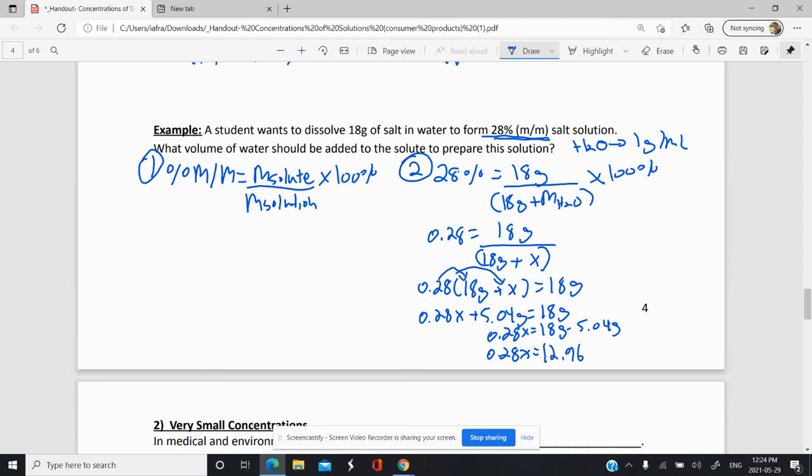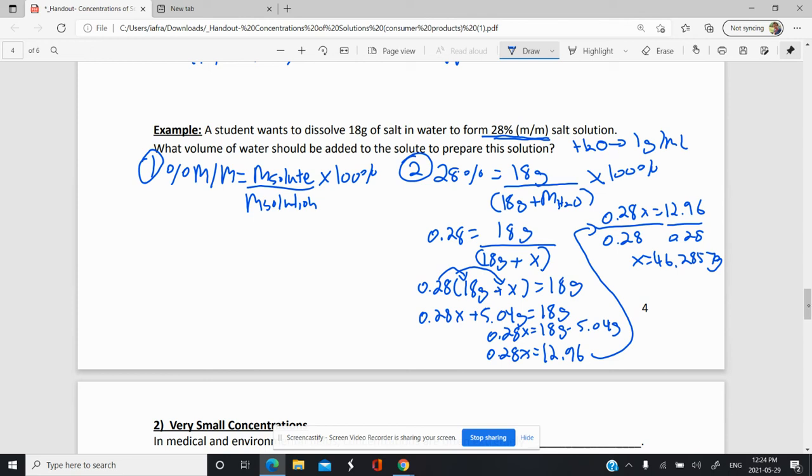And I'm just going to finish the work up here. So I'm going to keep going up here. I'll get, so 0.28 X is equal to 12.96. To solve for X, I need to do divided by 0.28 on both sides. And I'll get X is equal to 46.28571, and so on and so forth, which is, so this is in grams, keep in mind, because we found the mass of water over here.